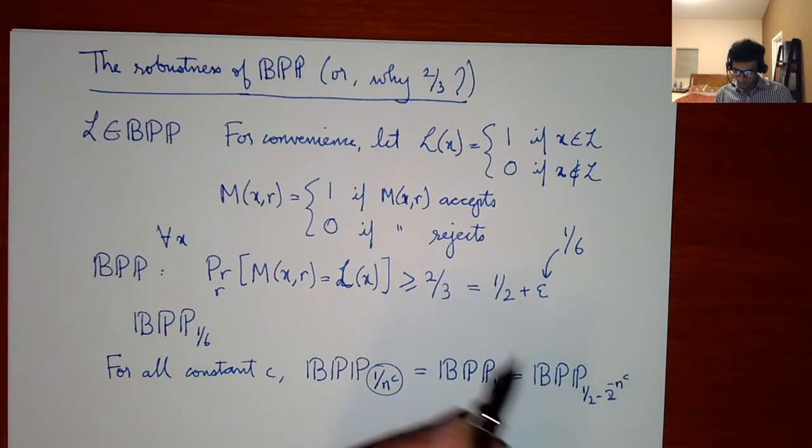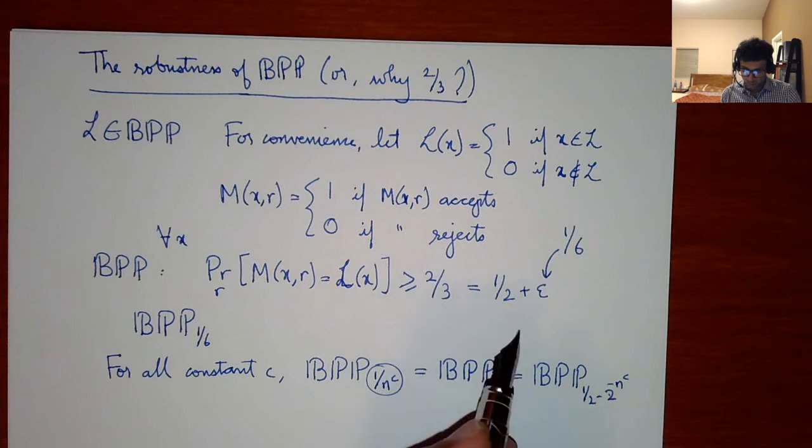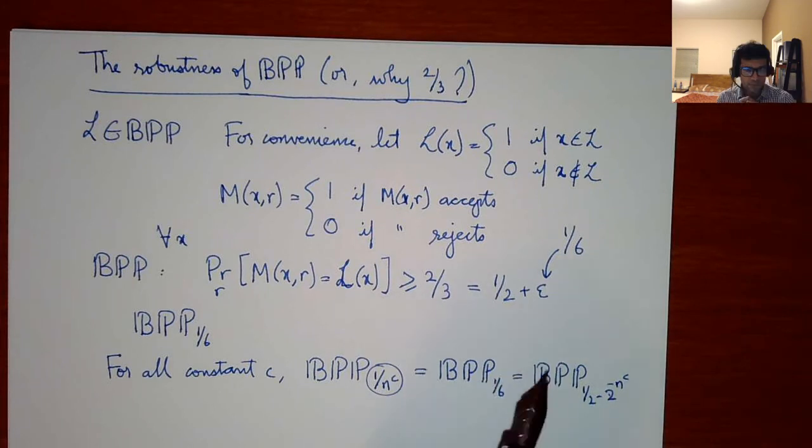So I'll make this clear. What this is saying is that you can get the error to be exponentially small, like a tiny error.